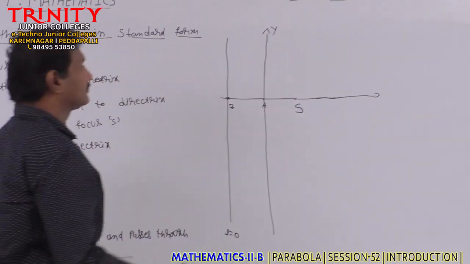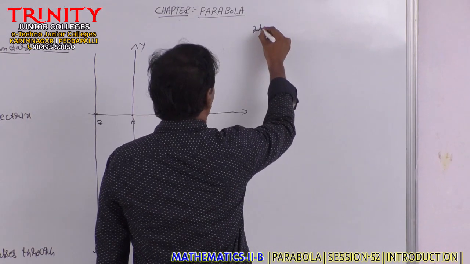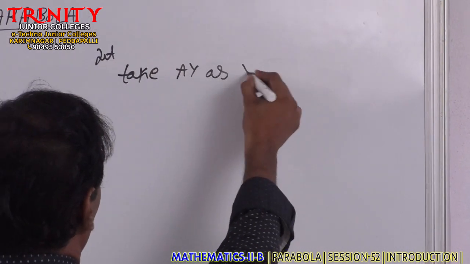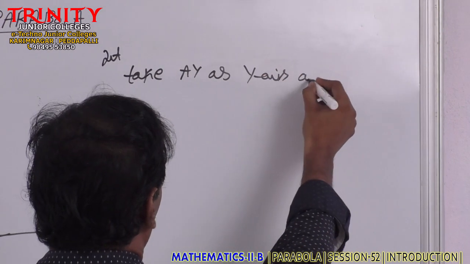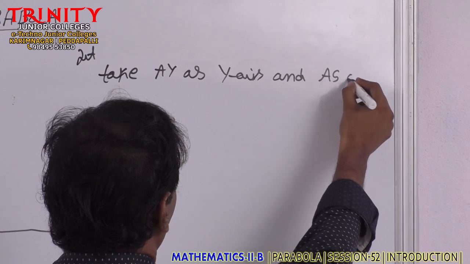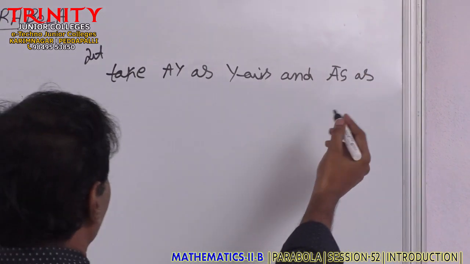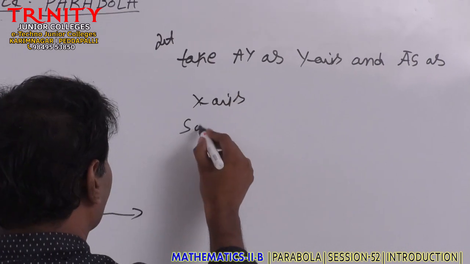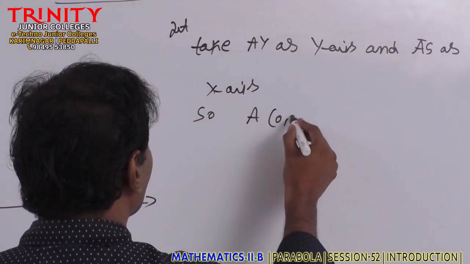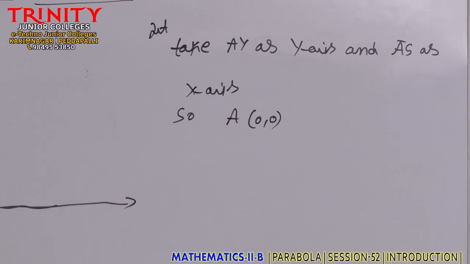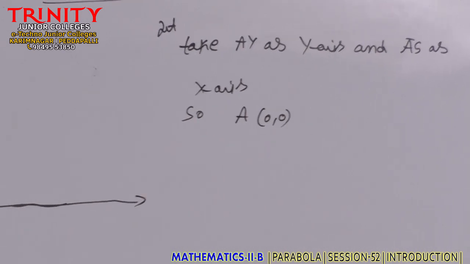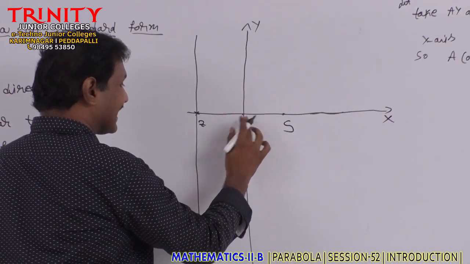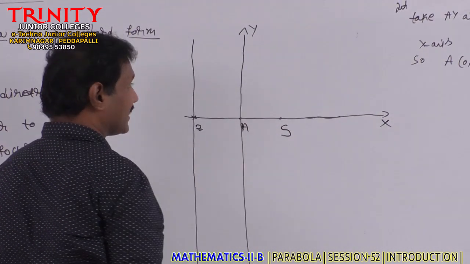Let us take AY as the y-axis and AS, also named AX, as the x-axis. So the point A is (0, 0).